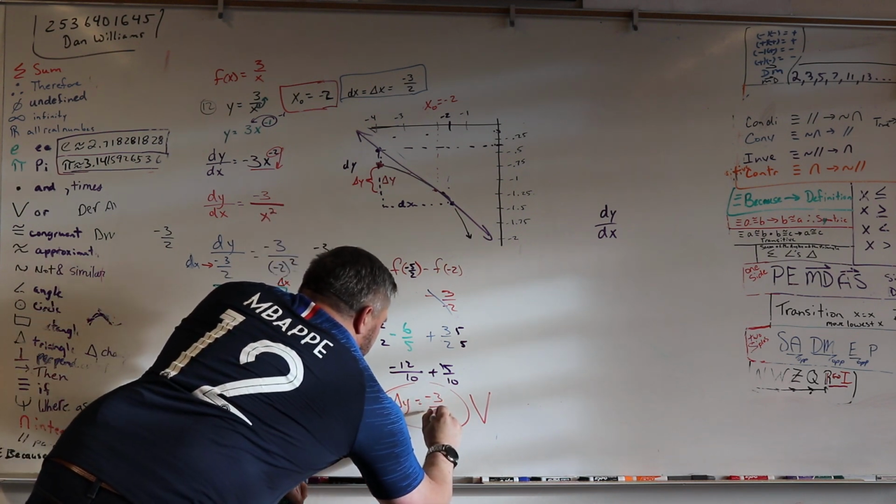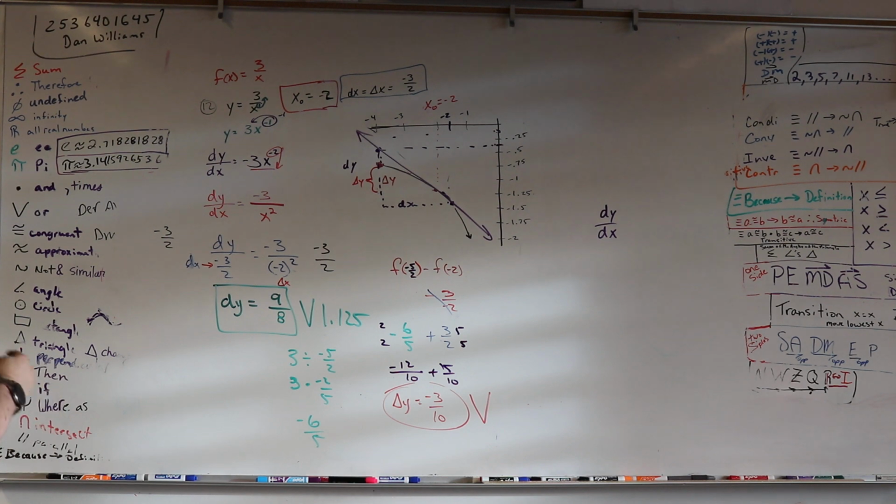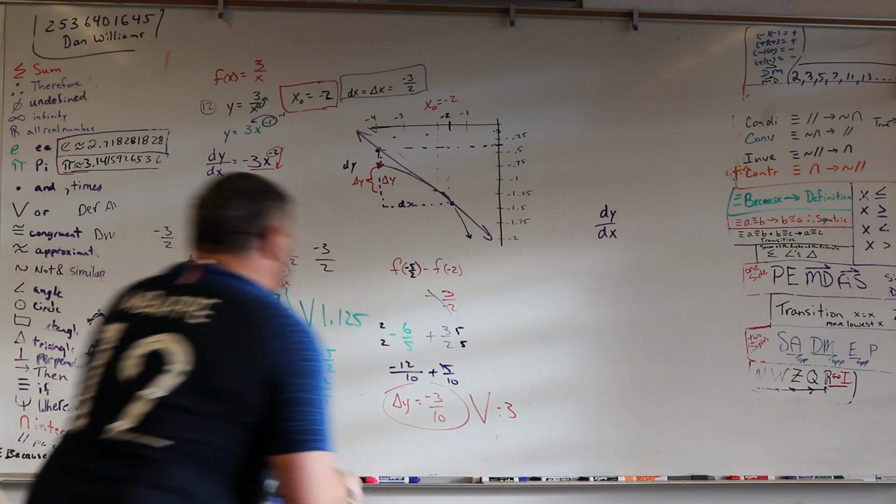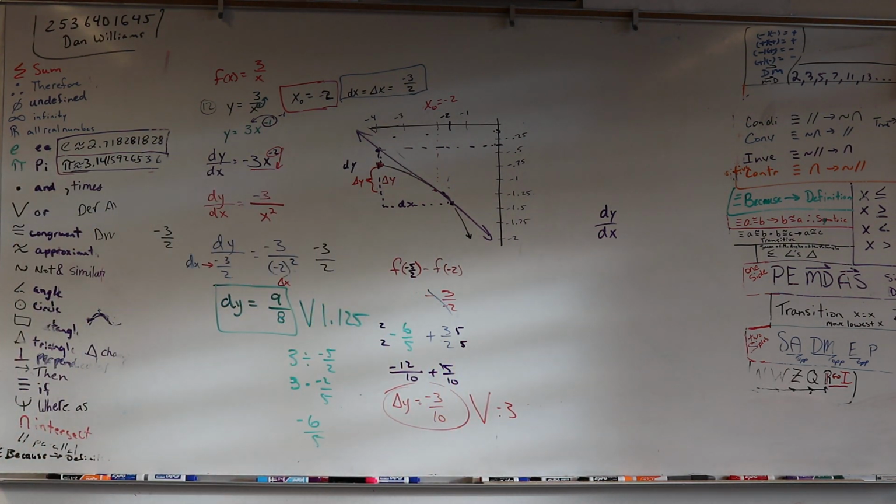Negative 3 over 10. So that's 0.3. That's still wrong, 0.3. That's not right either. Should be 0.6. Why is it 9/14?